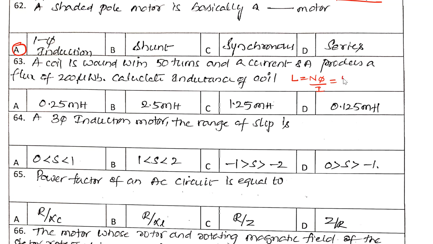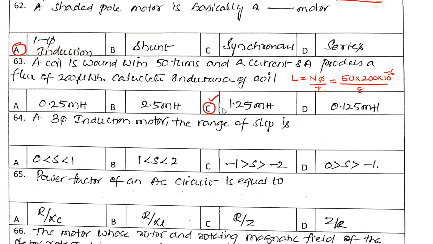Number of turns is 50 here and flux is 200 into micro, meaning 10 power minus 6, divided by the current, 8 amperes. By solving this equation, you can expect the answer as 1.25 millihenry. So the answer is 1.25 millihenry.